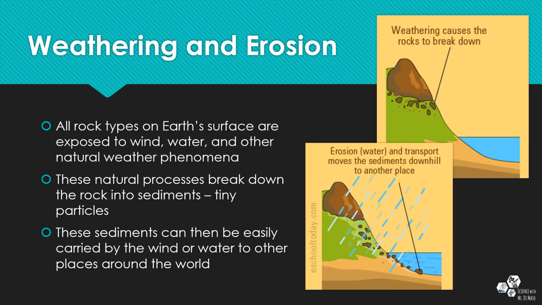All of those natural phenomena are constantly going to be breaking down and kind of attacking the rock, you can think of it. So this will break the rock down into tiny sediments, little particles of rock. And all of these different types of rocks in their particle form can then be easily carried away by the wind or water.